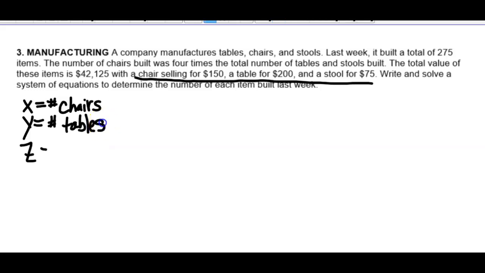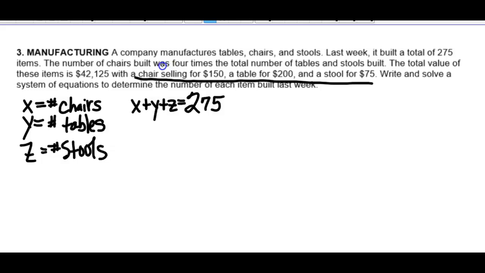And Z equals number of stools. Okay, then we have an equation that says they built a total of 275 items. So we have X plus Y plus Z for the total number of each has to total 275.